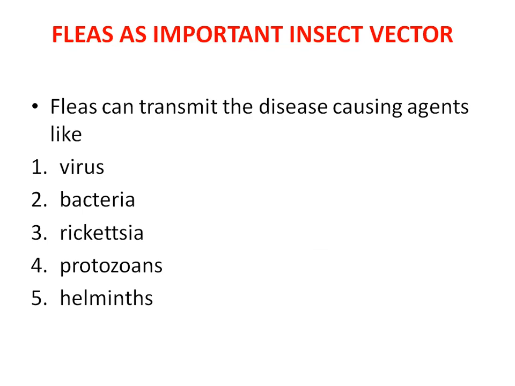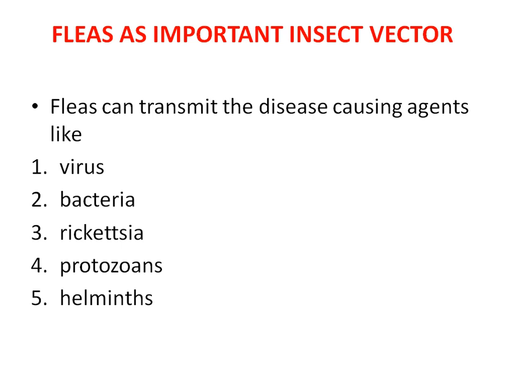Fleas are also an important vector where they transmit disease causing agents. They can transmit various kinds of pathogens from one individual to another, or from animals to human beings, or vice versa.